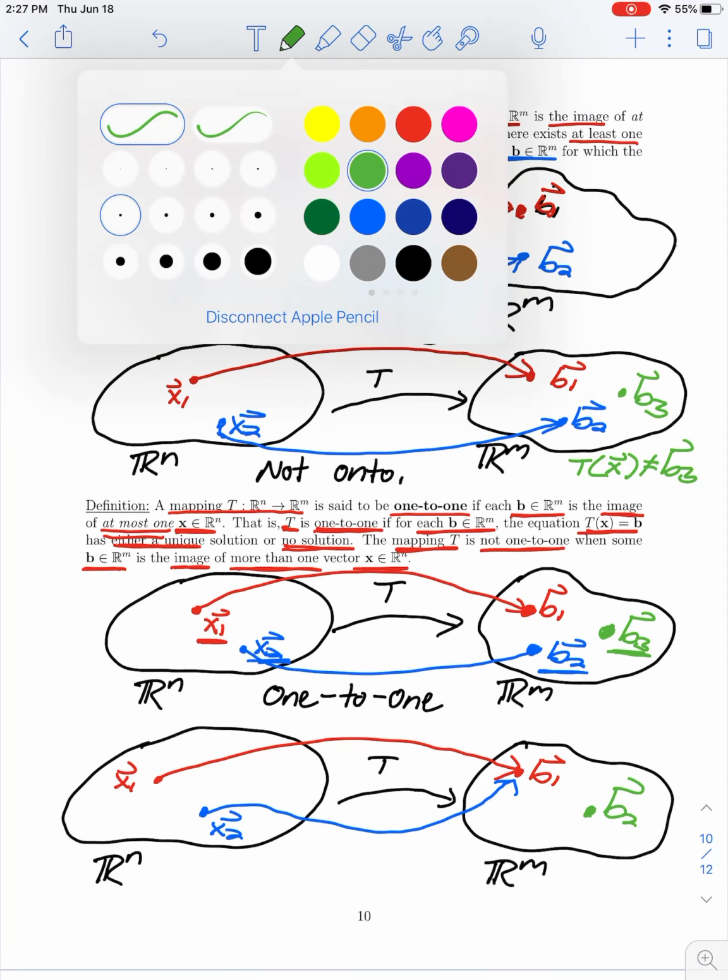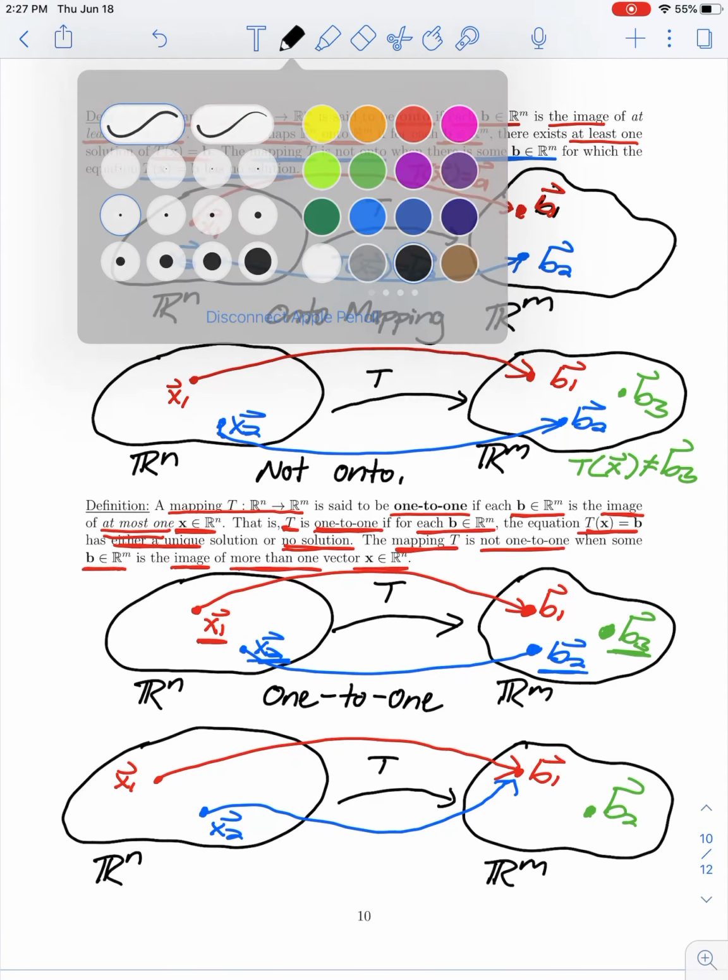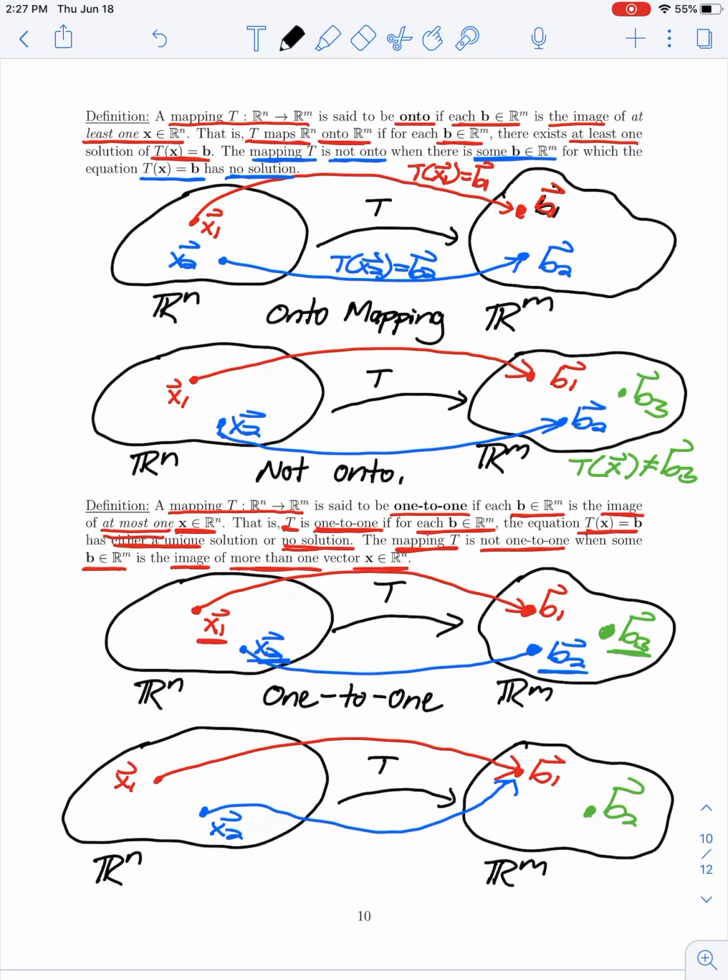So this would be an example of a mapping which is not one-to-one, because the vector B1 has two different vectors with B1 as its image. So intuitively, a map is one-to-one if no two vectors in the domain have the same image. All right.